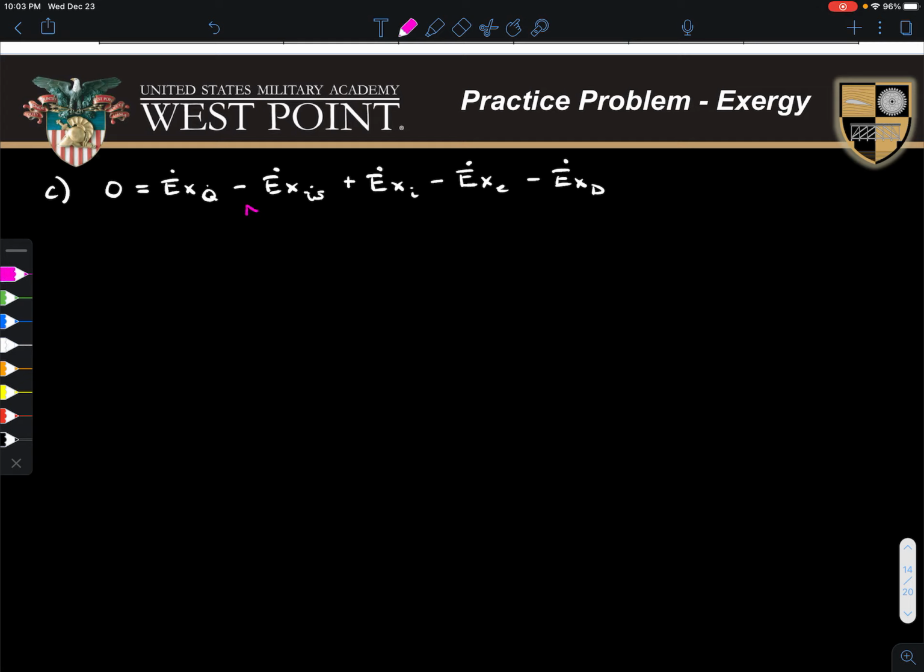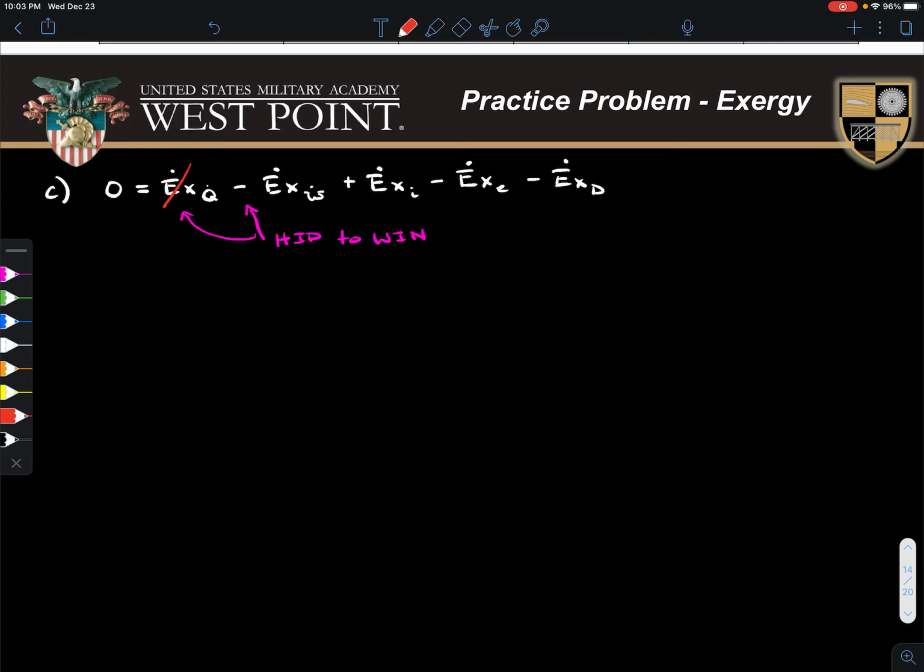Recall the negative is because of hip to win. So positive on Q because of hip to win, and negative on exergy for work because of hip to win.